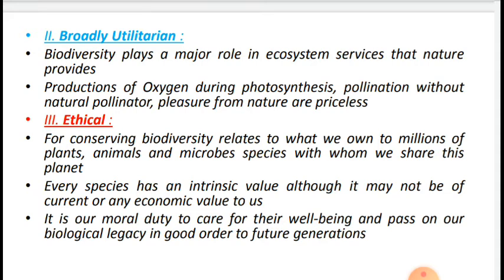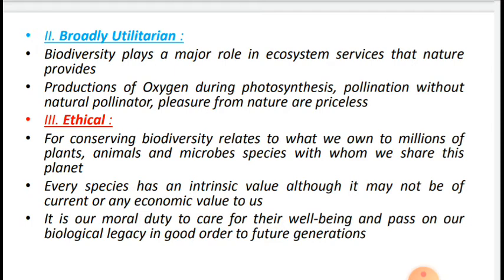Pollination, without which plants cannot give fruits or seeds, we know. Pollination is a must for plants for their products like fruit and seed, and it is another service the ecosystem provides through pollinators. They may be bees, some other birds, bats and some other living organisms also.